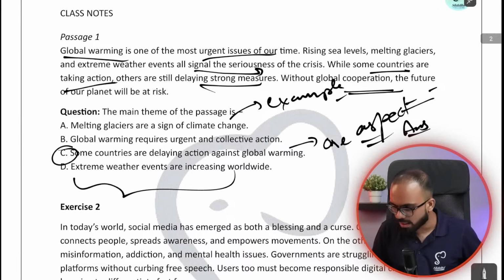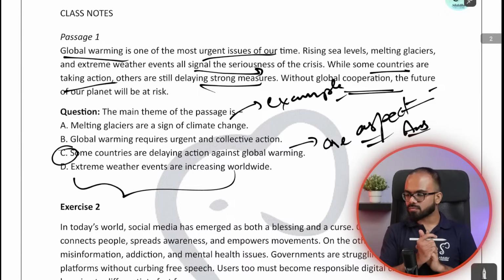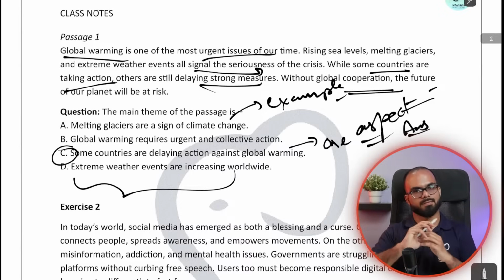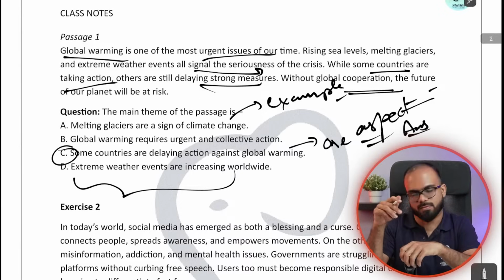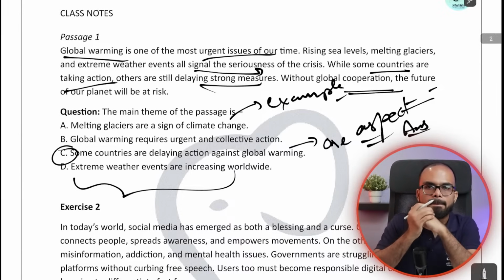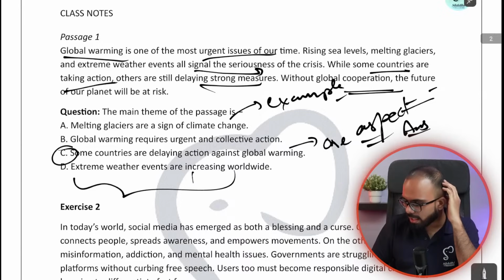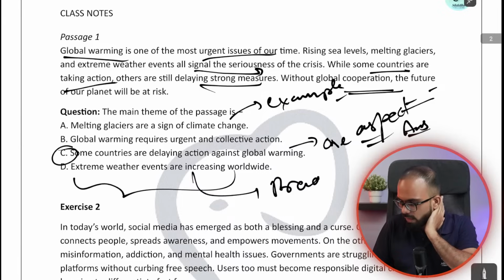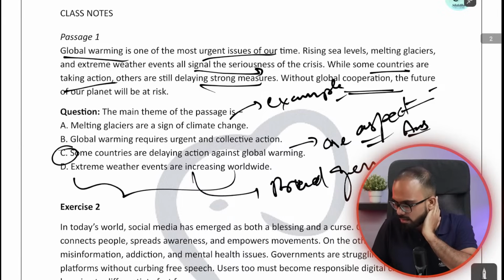Next, why is D wrong? Yes, Mishra. Why is D wrong, dear? Yeah, D is very broad. D is a very broad generalization.